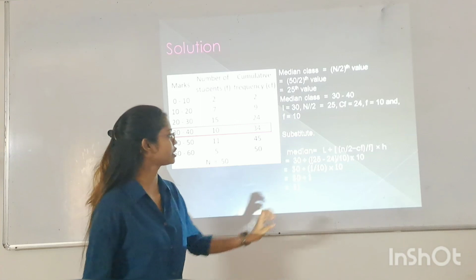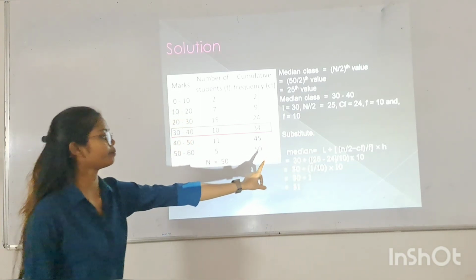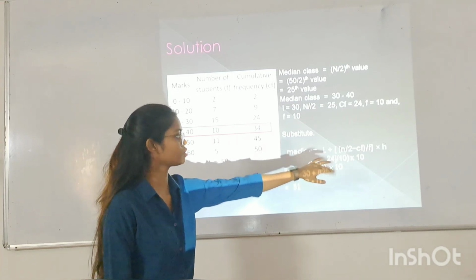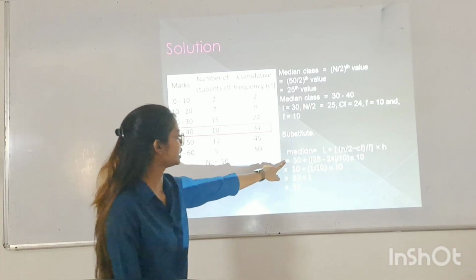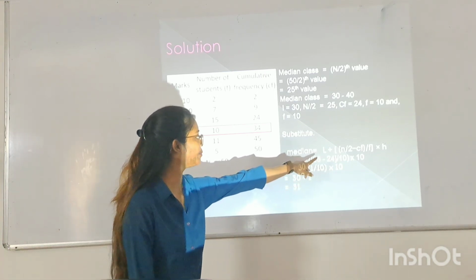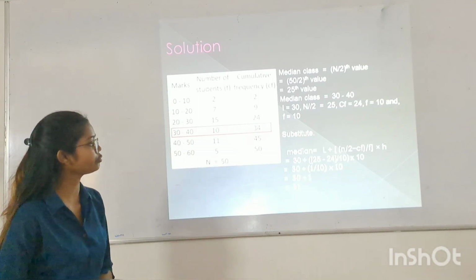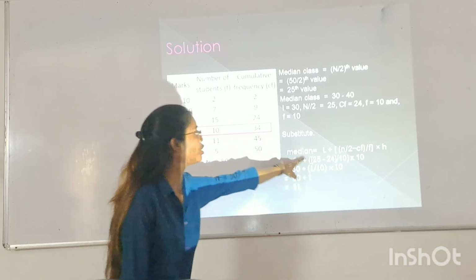Now see the formula. Median is equal to L plus (n by 2 minus CF) upon f, into H. L is the lower value, so 30. Then n by 2 is 25. Then CF, the cumulative value previous to the median class, is 24.